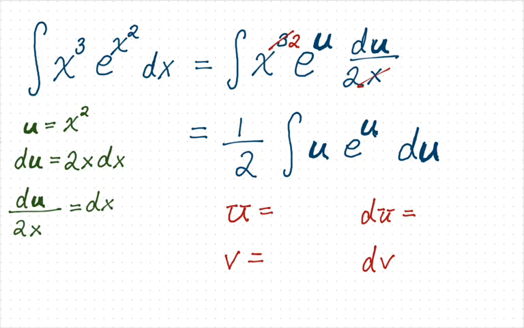But when I differentiate u, things get easier, right? The derivative of u is just 1. So that's a little bit easier. So I'm going to pick u to be my u. That's not confusing at all.